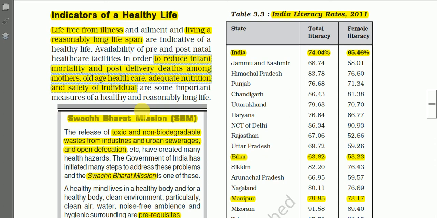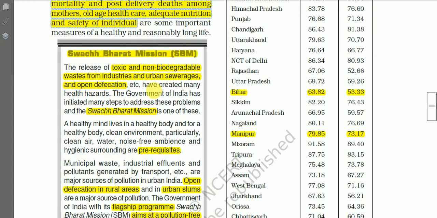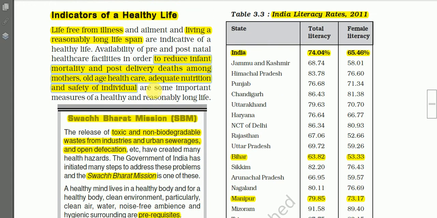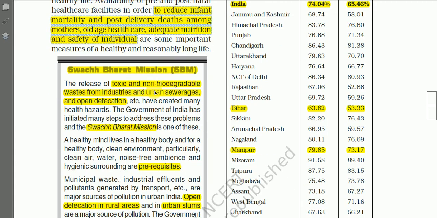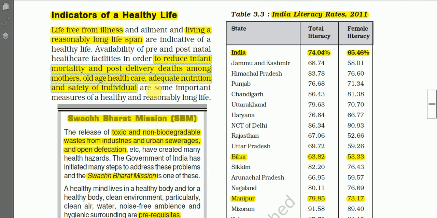Then provision of old age health care, provision of adequate nutrition and safety of individuals. These are important measures of a healthy and a reasonably long life. Remember, life expectancy at birth and life free from illness also indicate a healthy life.